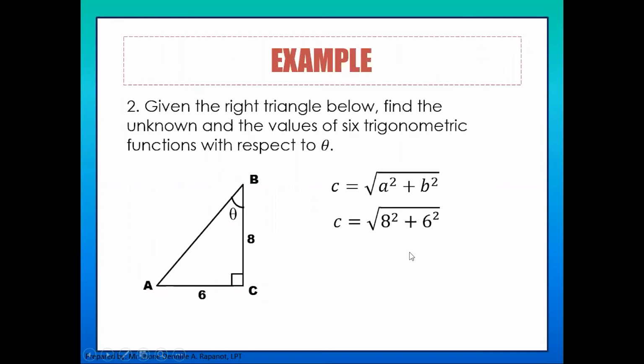Now, do the operation, get the square of each number and add them. So you have C is equal to square root of 100. So that is C is equal to 10. So hopefully you got the same answer.